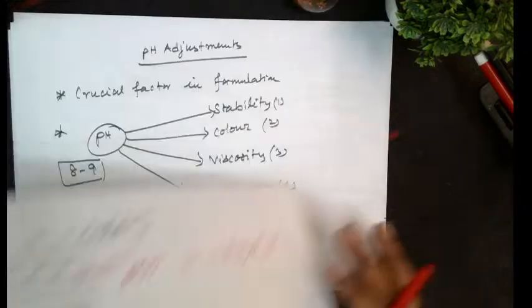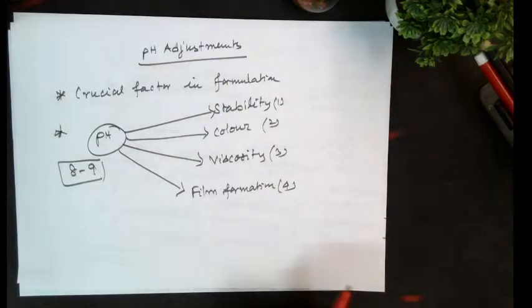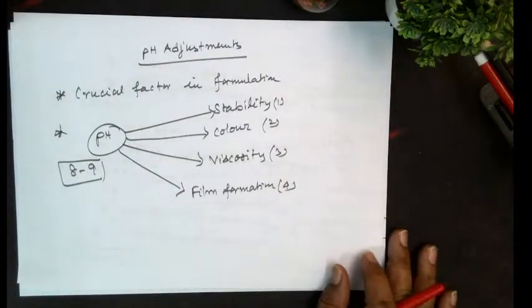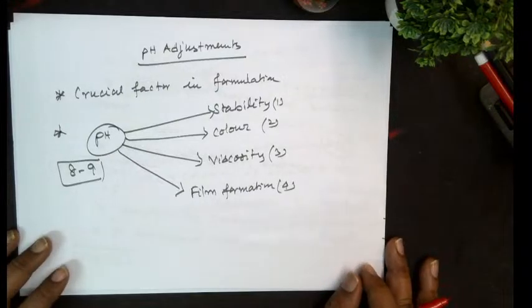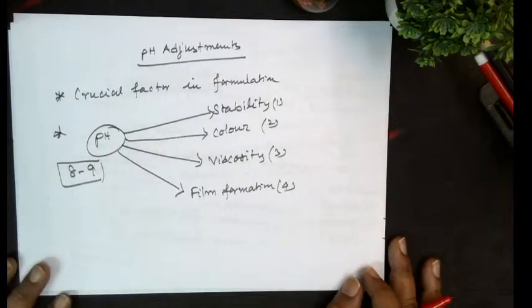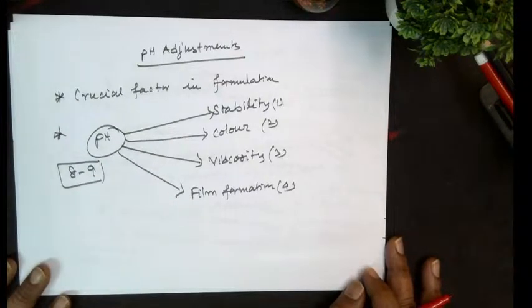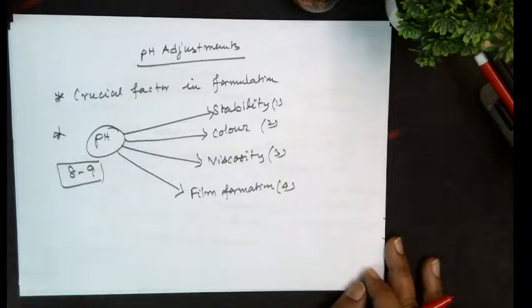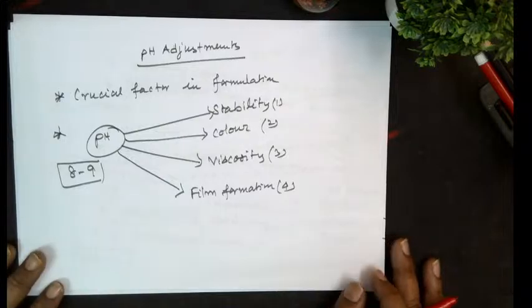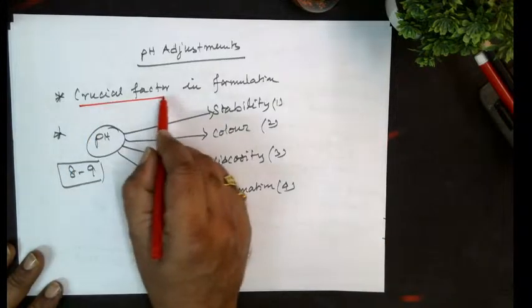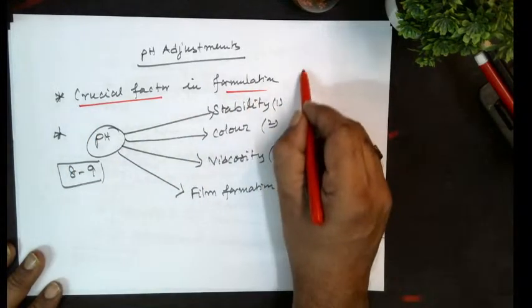Okay, then now let us move to the next concept. We were discussing the theory of pH, but how is it going to affect paint, particularly the formulation of acrylic emulsion paint? pH is a very crucial factor in the formulation of acrylic emulsion paint.